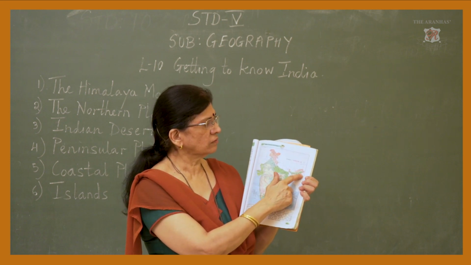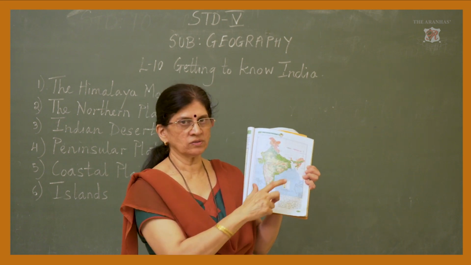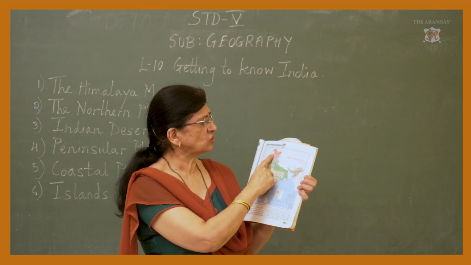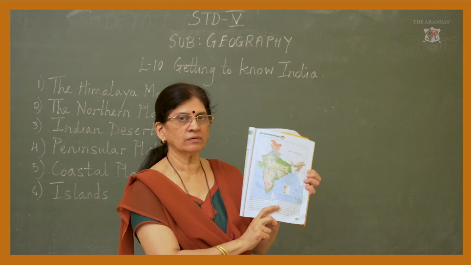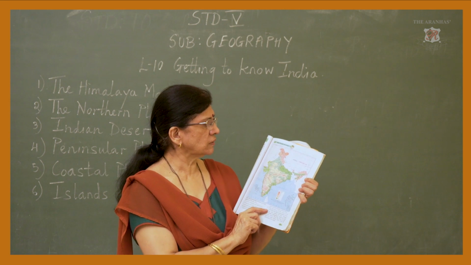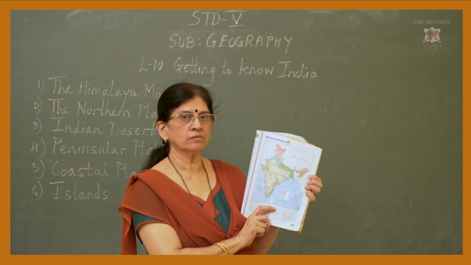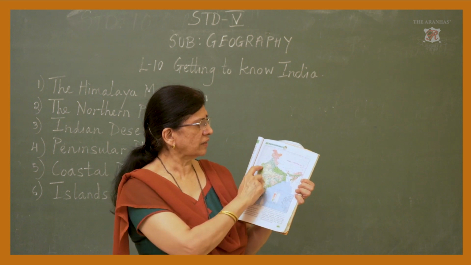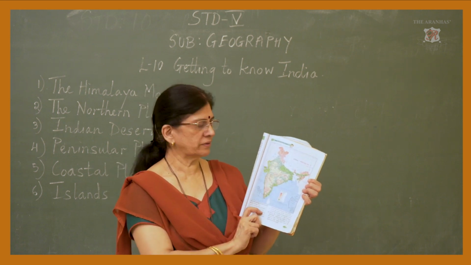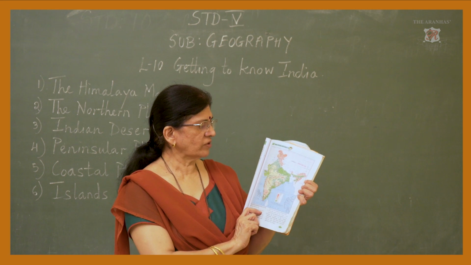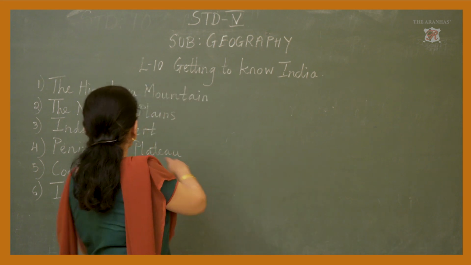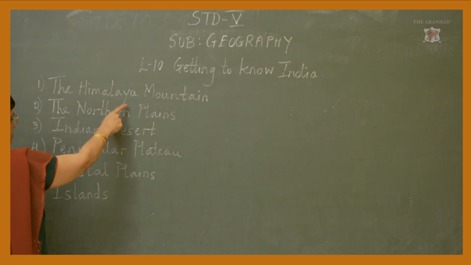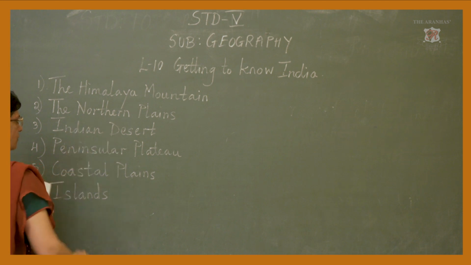It's a very wide range. It starts from Kashmir and ends at Arunachal Pradesh. Then below that we have the northern plains, and here there is the Great Indian Desert.